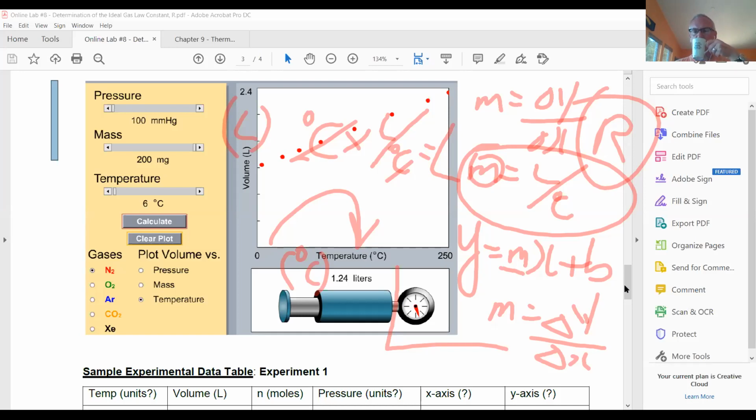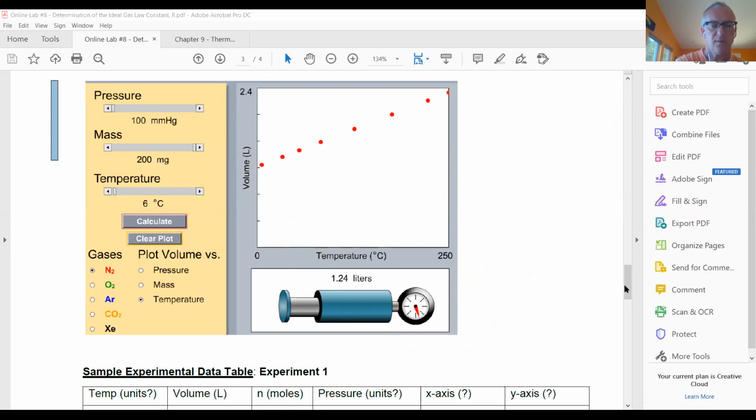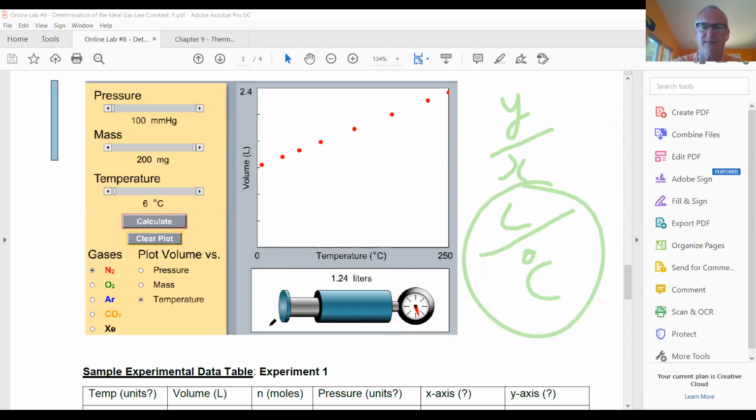I mean, we know that this isn't right, one reason is it gives us the wrong units for our slope, right? The slope of this particular line is going to be, since it's y over x, liters over degree C. And we know that the units of R aren't liters over degree C. So this line is not going to give us what we're looking for.